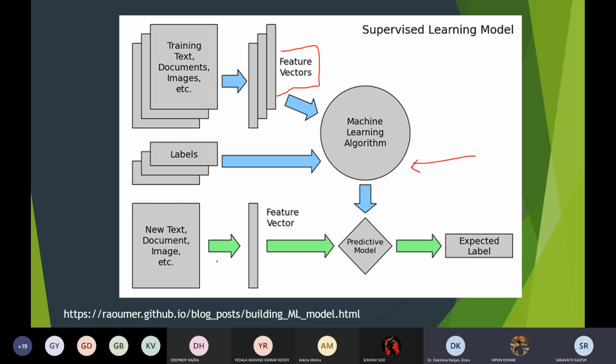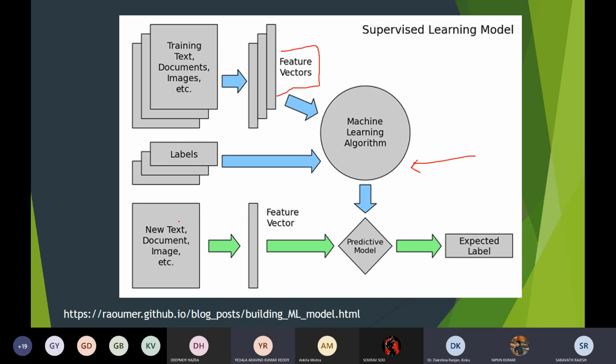Now from this unknown text we can also construct the feature vector, and this feature vector will be fed to the predictive model. This predictive model is nothing but f cap x, the approximated function; function approximation is referred to by this predictive model. Using this predictive model and the trained model, we can classify the new text available in the documents and images.